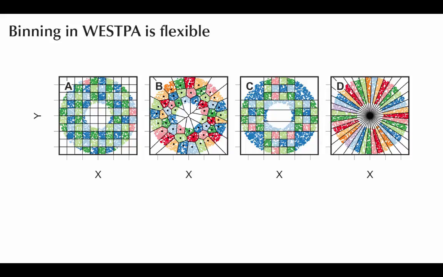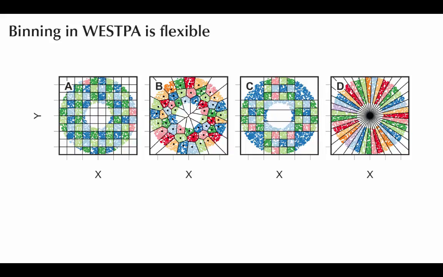This is a figure from the paper that we just put out on the WESTPA software that shows several different ways that we can divide up coordinate space. This is a somewhat contrived example of some process that occurs on a ring. But you can think of several different ways to divide this.